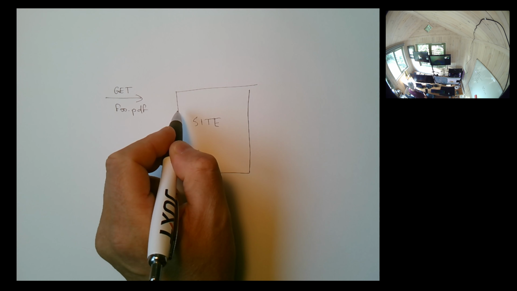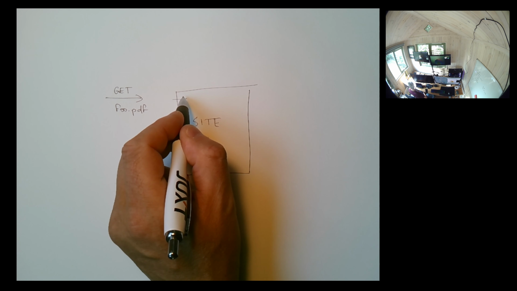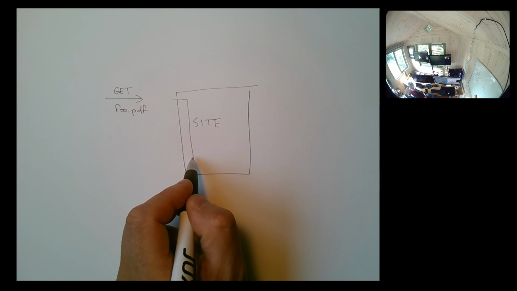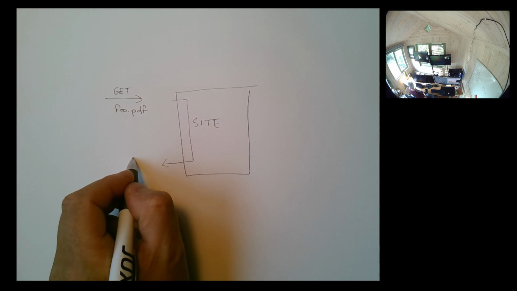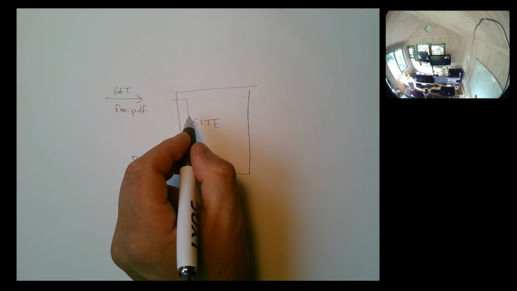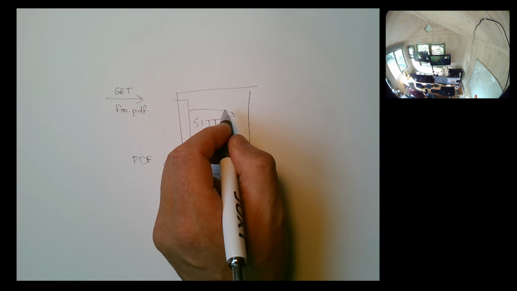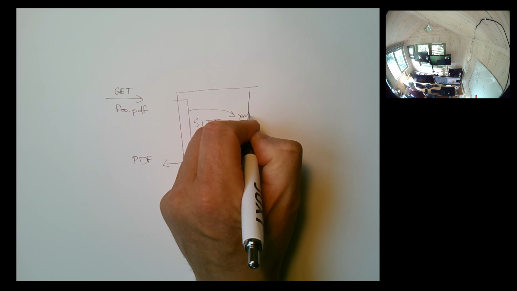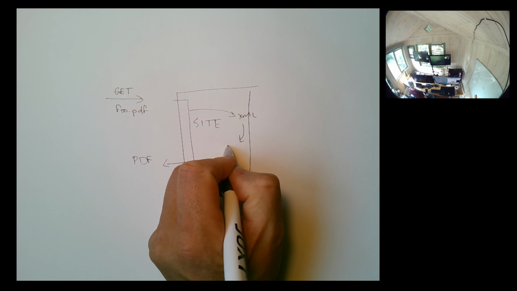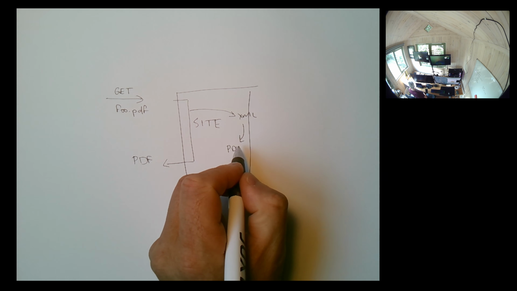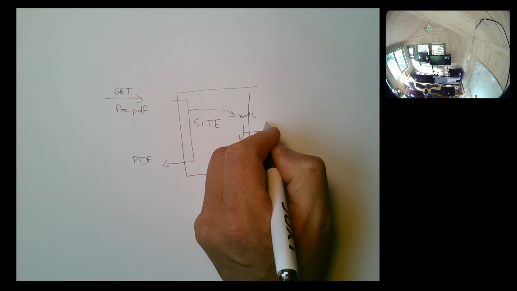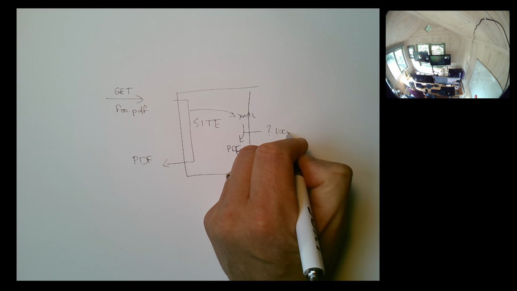As it arrives, it would trigger some kind of process, and you would get a PDF out the other side. But that process might involve going and picking up some XML from the database and then transforming that into a PDF. And that PDF transformation is some kind of logic.